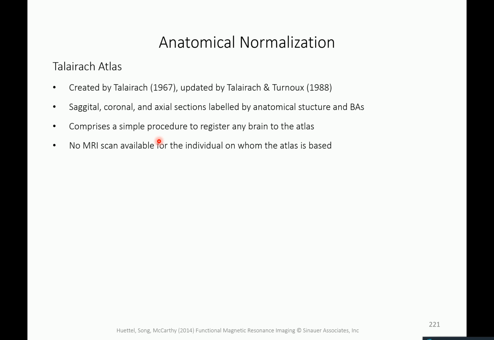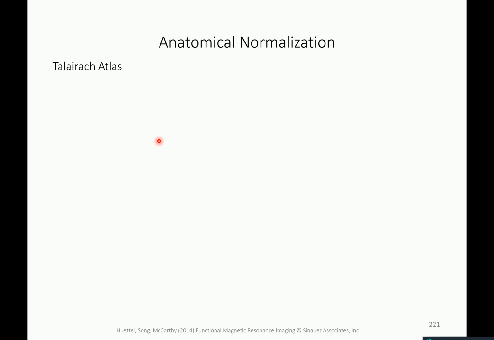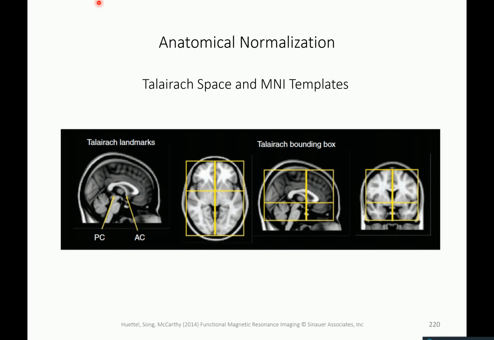So basically, if you have your own brain, you need to define the anterior commissure, the posterior commissure, and then the Talairach space, and then you have these different boxes in Talairach space. So this box, this box, this box, this box. And then essentially you need to stretch each part a little bit to make it align with the Talairach brain.